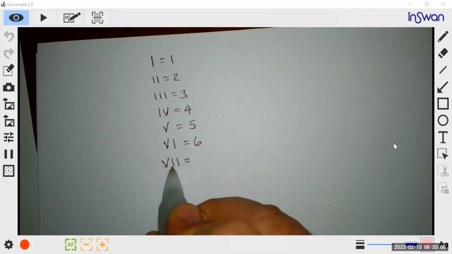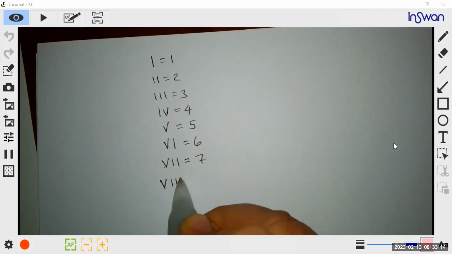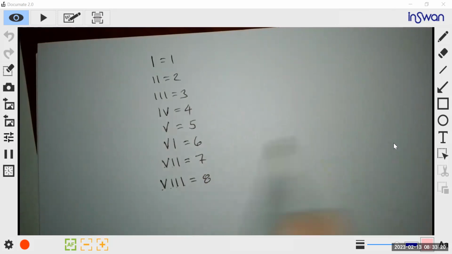VII, 5 plus 2 is 7. VIII. That's 5, 6, 7, 8. Remember, I can't have more than 3. So what's the next number going to look like? What's 9 going to look like? Yeah, IX. Very good. So it's 1 from 10, which is 9.